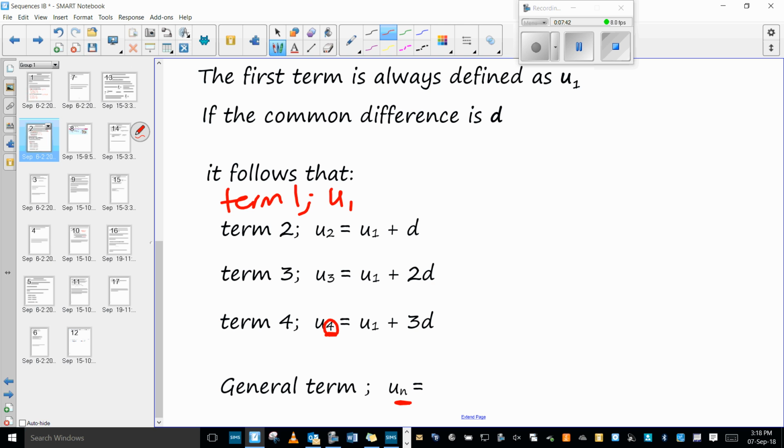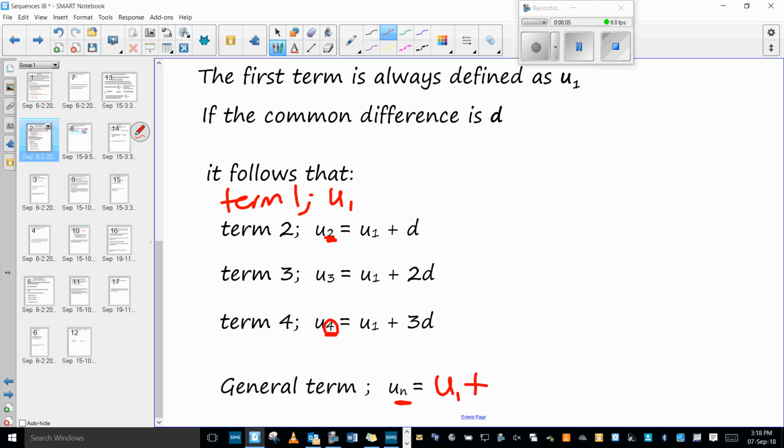So our rule is probably going to involve U1, just because of the way I wrote it. Plus, now how am I going to describe this? ND. Now think about it, is it ND? Because in this one, N was 2. Do I have 2D here? So you're close, but not quite.